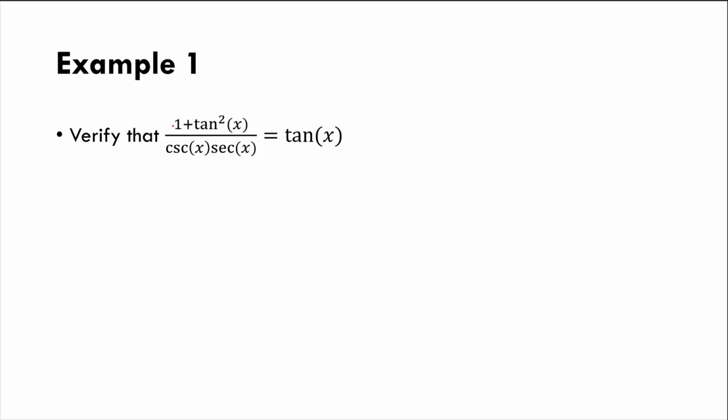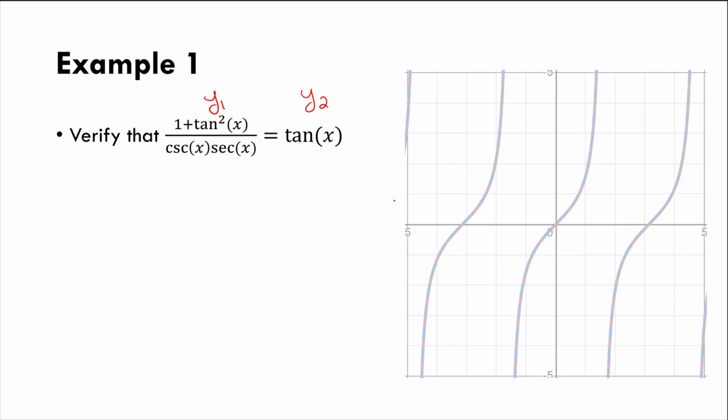We're going to verify that 1 plus tangent squared x over cosecant x secant x is equal to the tangent of x. So go ahead and set this up in your calculator. You would set this up as y1, and y2 is going to be easy. That's just going to be tangent of x. Again, keeping this in the same coordinate grid, graph this at the same time.